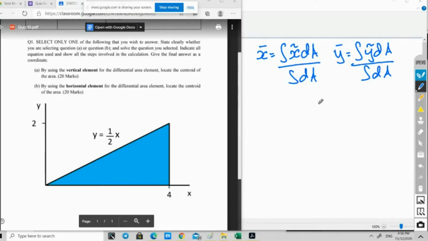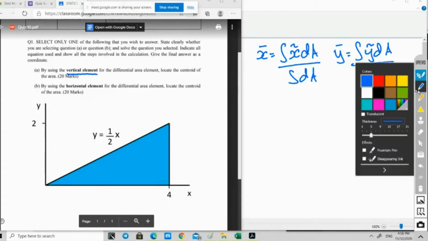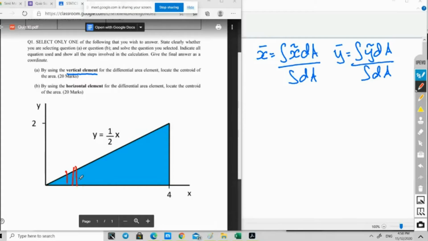So what will be different in this case is how you divide the area, right? If we take the vertical element first, that would mean that essentially we divide into this type of elements. Hence, the first element will be here, the last element will be here, right? One sample element will be this rectangle.